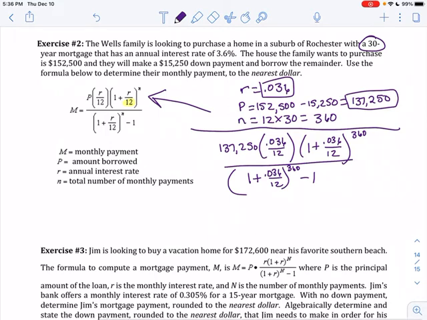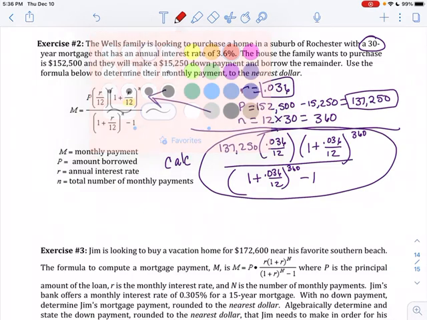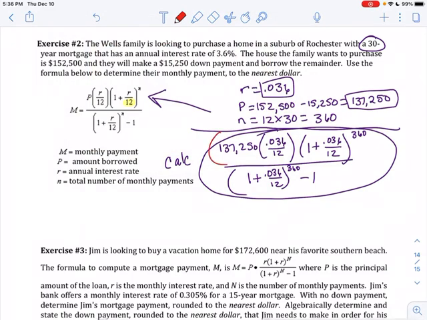So this whole thing right here goes into my calculator. Remember, you would need to put the whole top in parentheses and the whole bottom in parentheses. So you sort of need a double parenthesis if you're going to do it all at once. Otherwise, I would typically just put the whole top thing in parentheses and click enter and get a number, and then put the whole bottom thing in parentheses just to divide by the whole thing on the bottom.